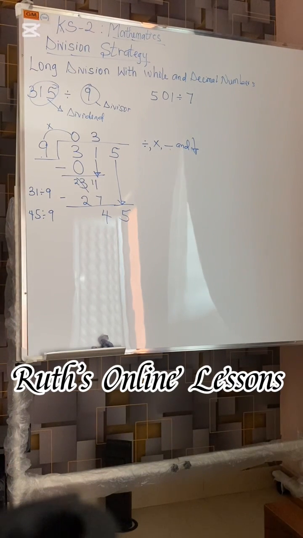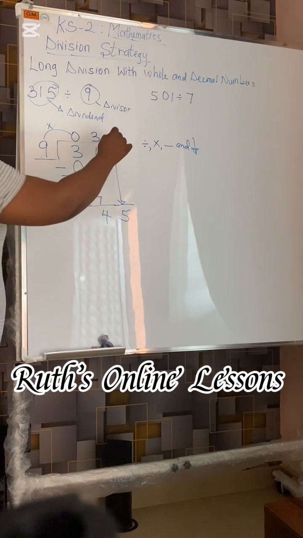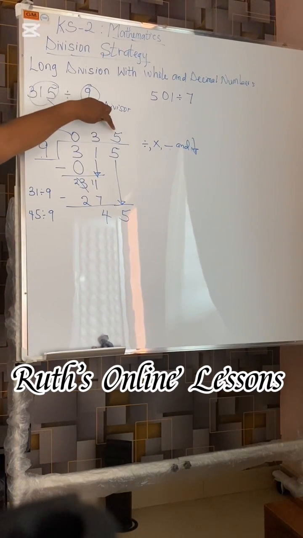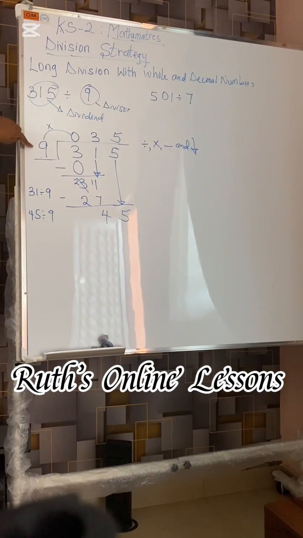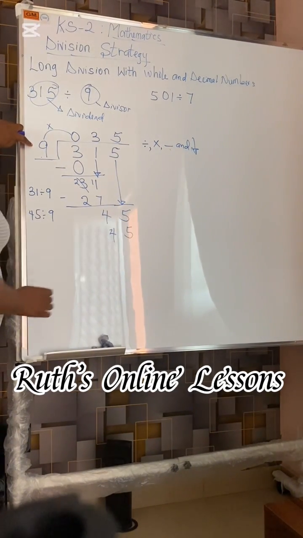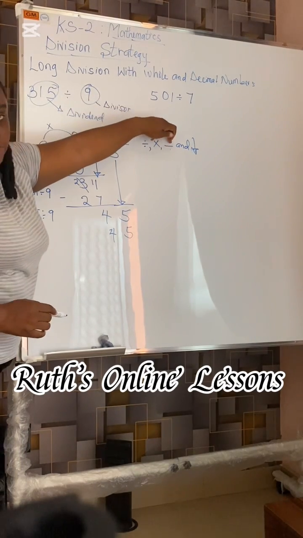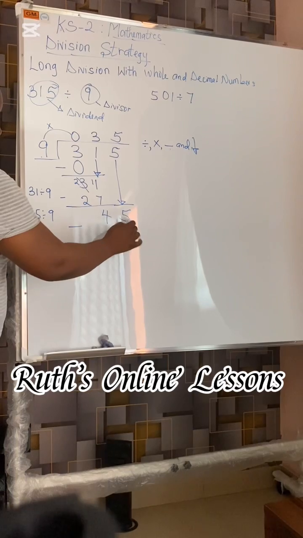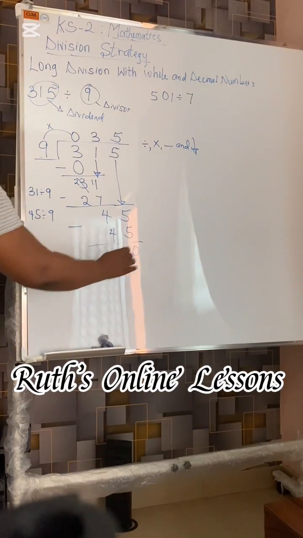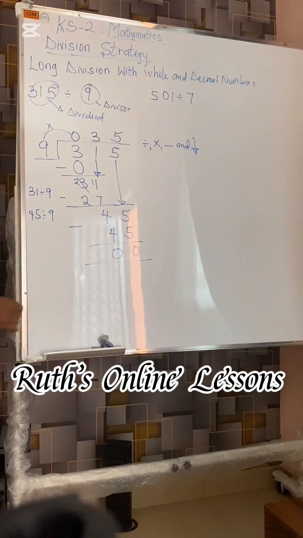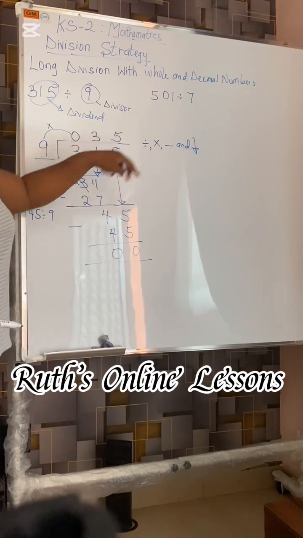It is 5. So this is 5. 5 times 9. 5 times 9 is 45. After multiplication is subtraction. So when I subtract, this will be 5 minus 5, 0. 4 minus 4, 0. There is nothing else for me to pull down.